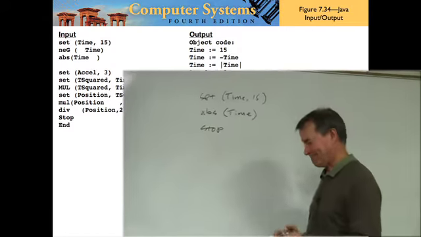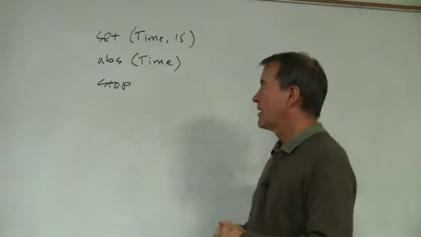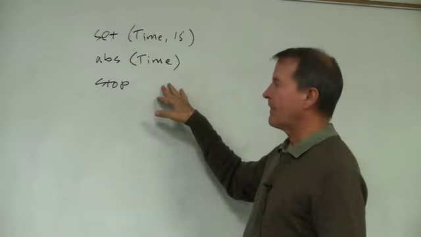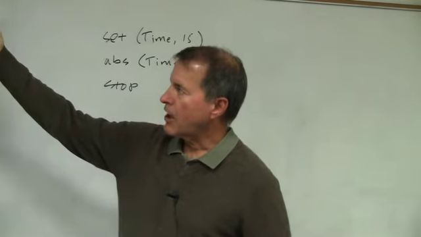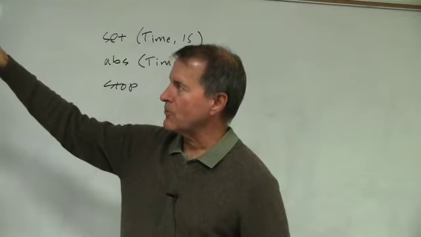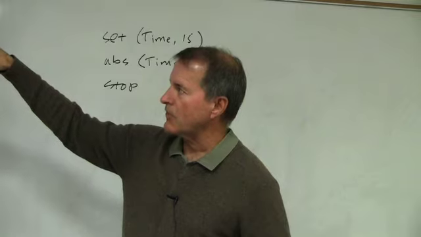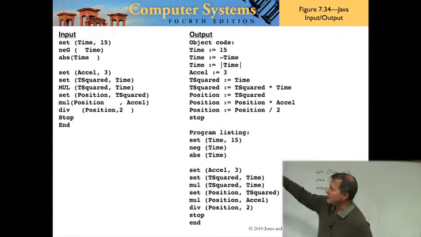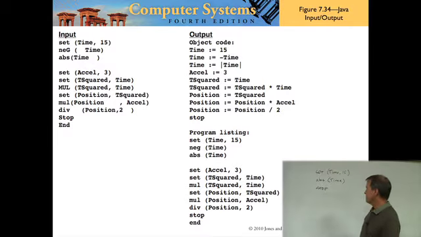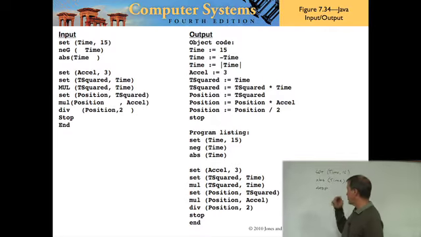And for each one of these, there is a corresponding object code that uses the colon equals, without the parentheses; the sets are the colon equals, and then the abs is the vertical bars and so on, right? So let's just remember what that is.